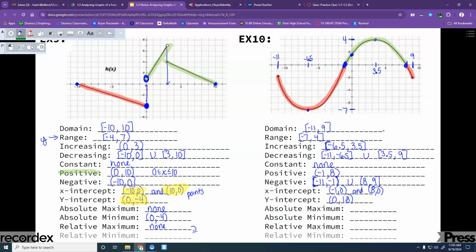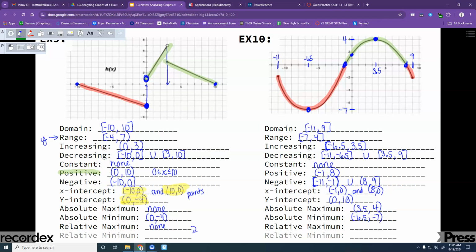All right, our absolute maximum is our very, very highest point on the graph. That's right here. So that would be at 3.5, 4. Our absolute minimum is at this point right here. That is at negative 6.5, negative 7.